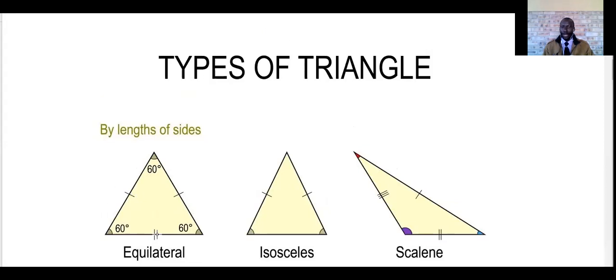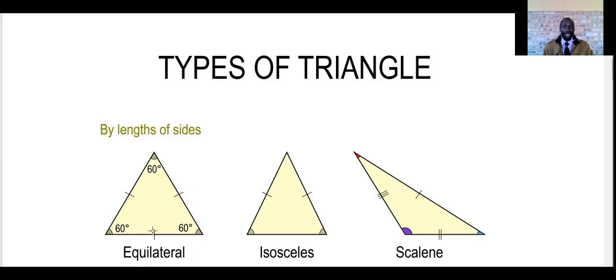Now, it also turns out that for a triangle where all the sides are equal, all the angles inside are equal. In other words, the interior angles are all the same. That is, this one is 60 degrees, this other one 60, and this other one is also 60 degrees. This type of triangle is called an equilateral triangle.